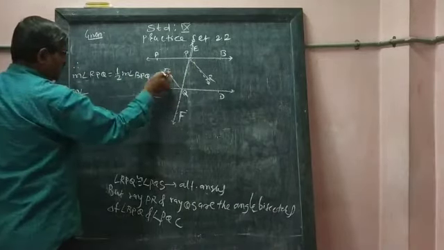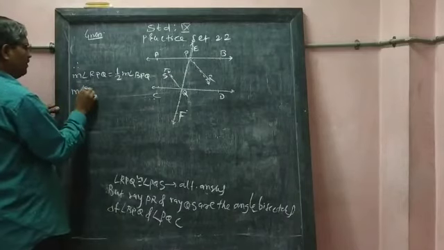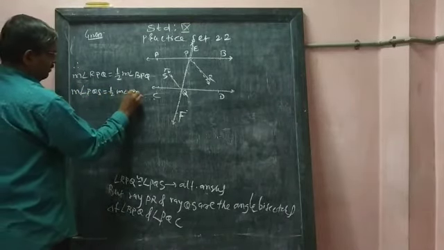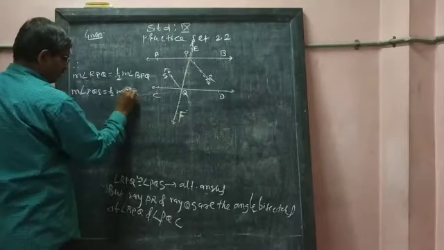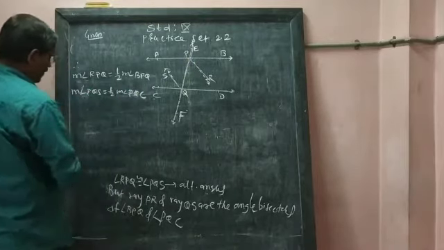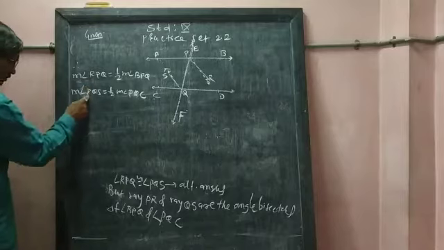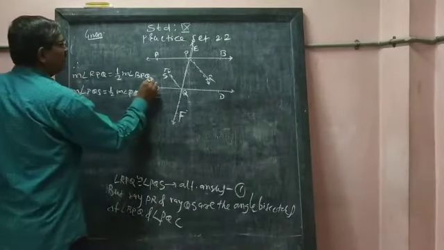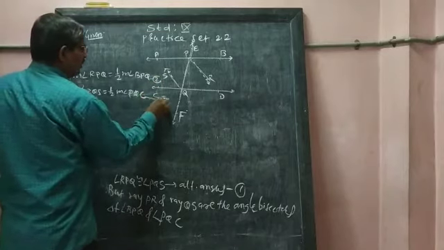Measure of angle PQS is equal to half of measure of angle PQC. This is number 1, this is number 2, this is number 3.